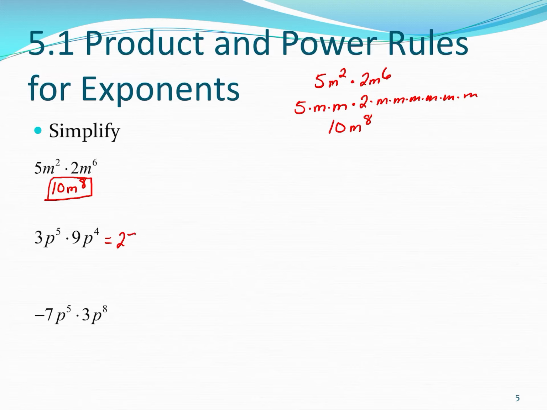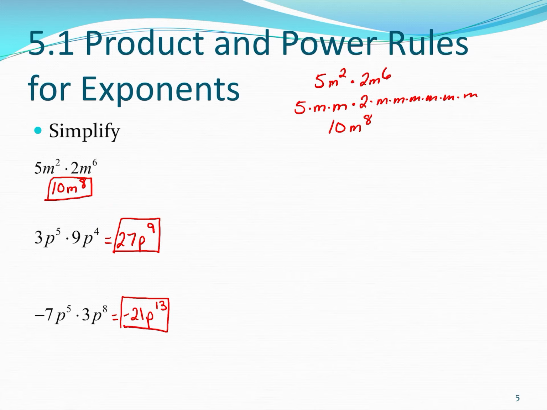Now, look at the next one. What's that going to give us? Again, we can multiply 3 times 9, which is 27. And then our p to the 5th times p to the 4th, keep our base of p, add those exponents, and we get p to the 9th. And then if you want to pause the video for a second and do the next one on your own, that'd be great.